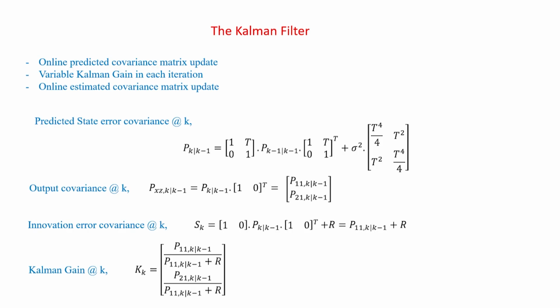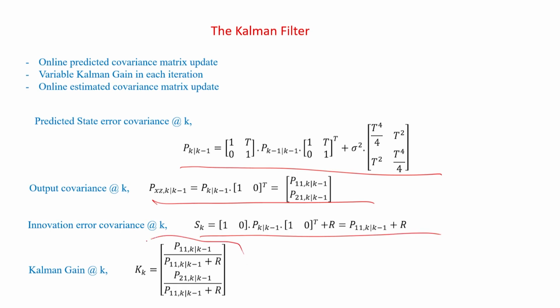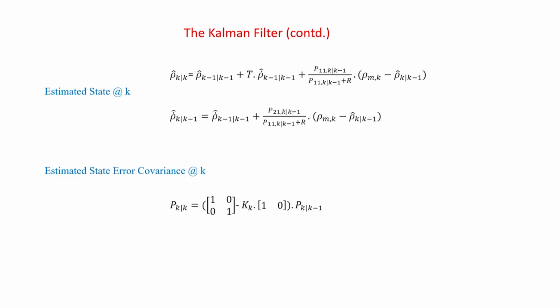Previously only the states were coming into the picture, but now the covariance also comes in. The state equation remains the same, only you change alpha and beta to K. You have the predicted covariance, the output covariance, the innovation error covariance, and this is your Kalman gain. I have solved the matrix by hand; you can do it yourself with a simple example and matrix multiplication. With this you get your estimated state.